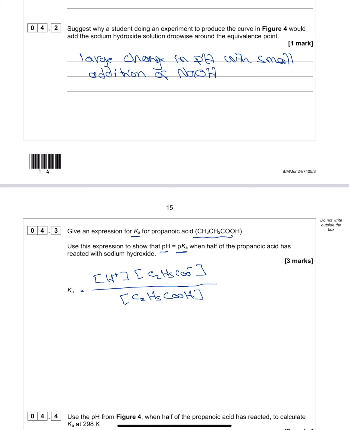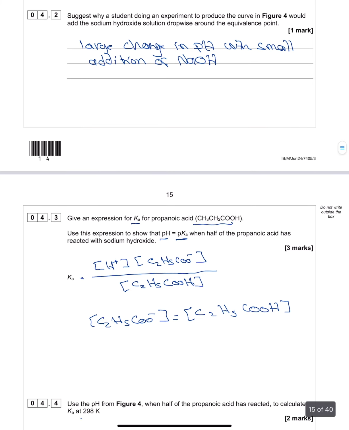When half of the propanoic acid reacts with sodium hydroxide, the concentration of the anion, C2H5COO minus, will equal the concentration of the undissociated acid, C2H5COOH, because half of it has converted into a salt already.